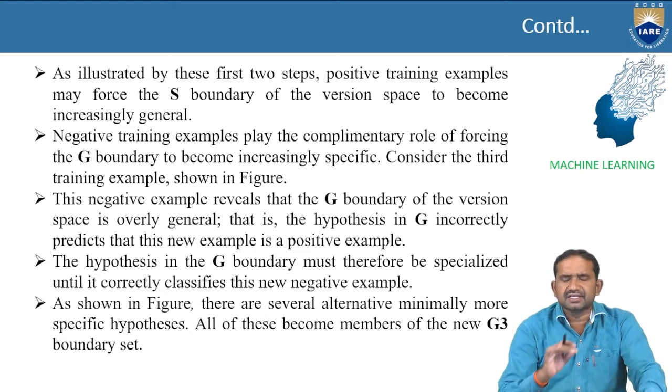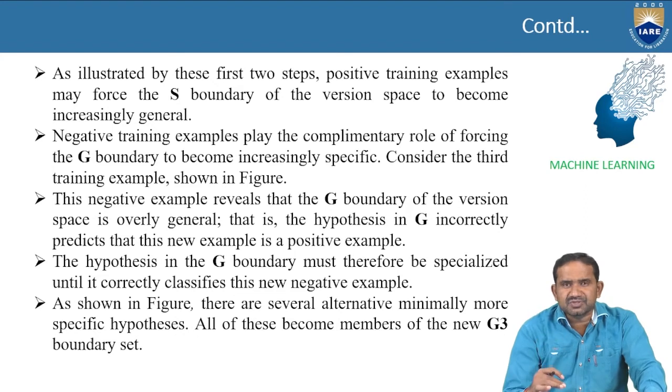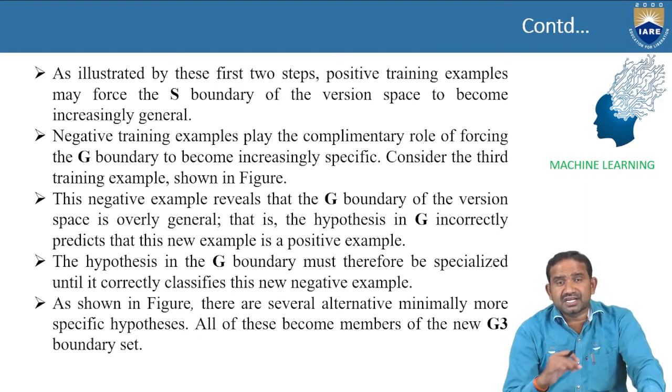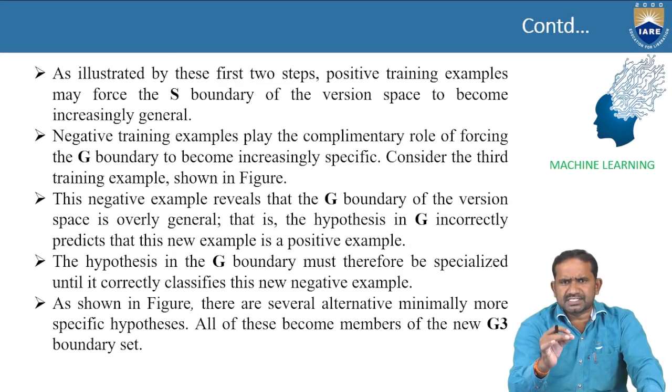When you start with a negative example, there is a change in the generalized hypothesis. Why? Because it is a negative example. A positive example only affects the specific hypothesis, generalizing it when needed.